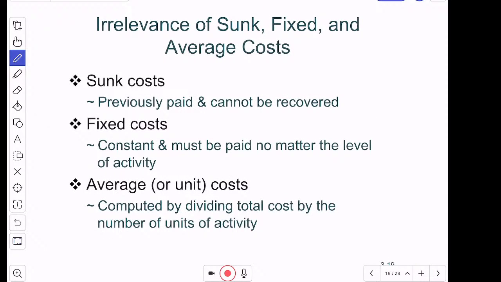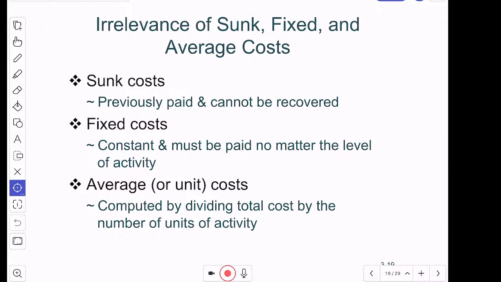Okay, note that there's all kinds of other costs that you might think are relevant, but they just aren't. Some costs are already paid, and you can't recover those. So those don't go into our calculations or consideration. Neither do fixed costs. We can't choose those. That's not a choice variable, right? They're just fixed.